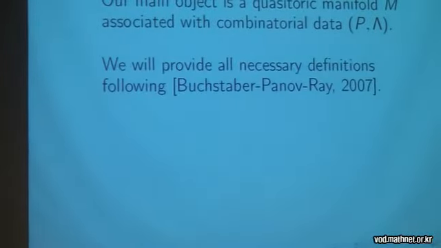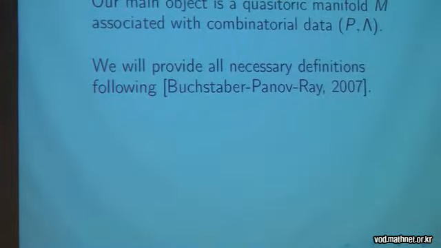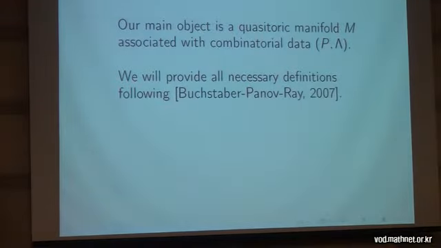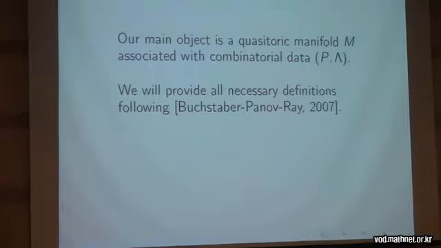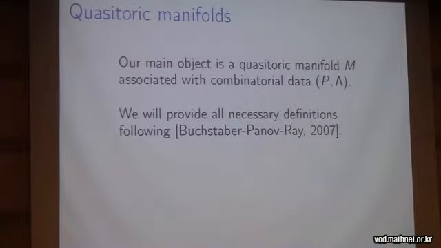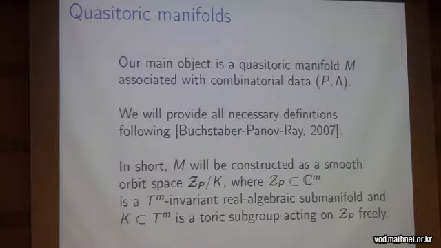I will give all definitions below, and we'll be following the paper by Buchstaber, Panov, and Andrei from 2007 throughout this talk. The notion itself was given in 1991 by Davis and Januszkiewicz. In short, we'll be utilizing the construction of M as a quotient orbit space of smooth Z_P by K. But again, I won't stop here, since I'll give all definitions.